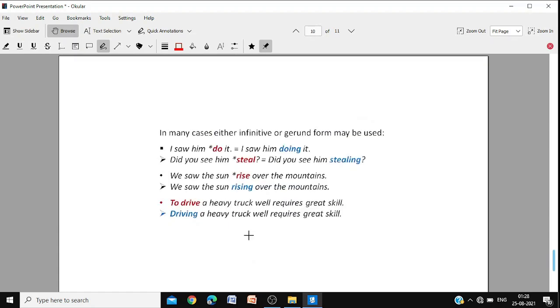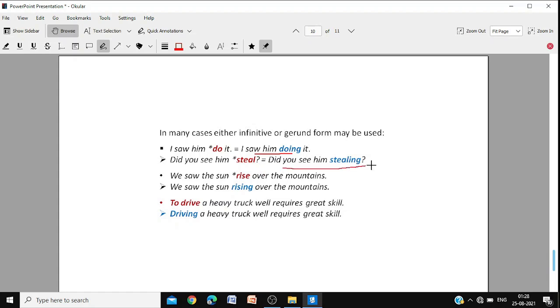In many cases, either the infinitive or the gerund form may be used. Why? Because both of them are verbal nouns, partly verb and partly noun. I saw him do it, or I saw him to do it. You can say, I saw him doing it. Did you see him steal? That is, did you see him to steal?